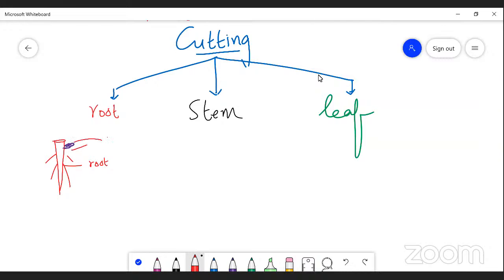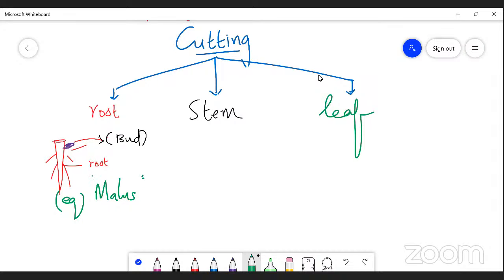Now this is a bud. The bud which emerges from the root to form a new organism is called root cutting. I can give an example for root cutting: Malus silvestris is a right example of root cutting.